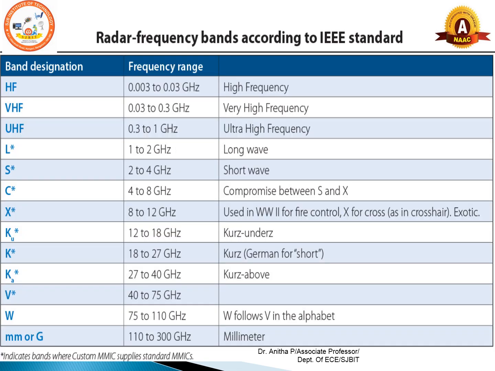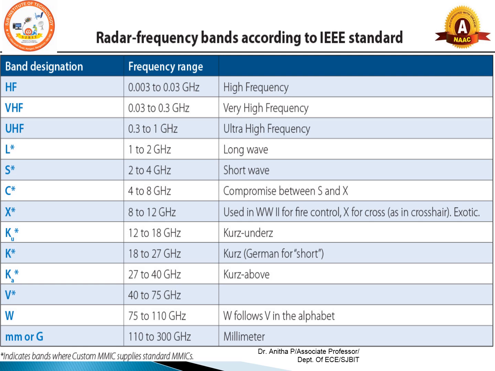And in the same manner, the radio frequency bands are classified according to the IEEE standards. They have classified the frequencies as the band designation shows. So HF, VHF and UHF range, that is high frequency, very high frequency, ultra high frequency.